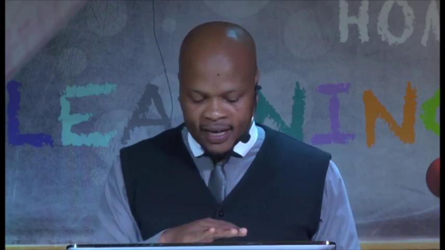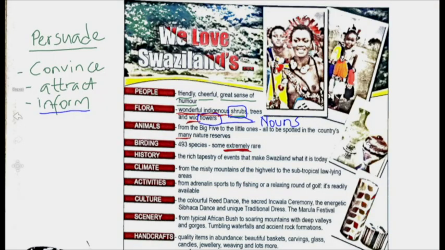And then we go on again. The rich tapestry of events that make Swaziland what it is today. That is the history. Okay, fine. We go on to climate. As far as climate is concerned, it says from the misty mountains of the Highveld to the subtropical low-lying areas. That's the climate, how it is.